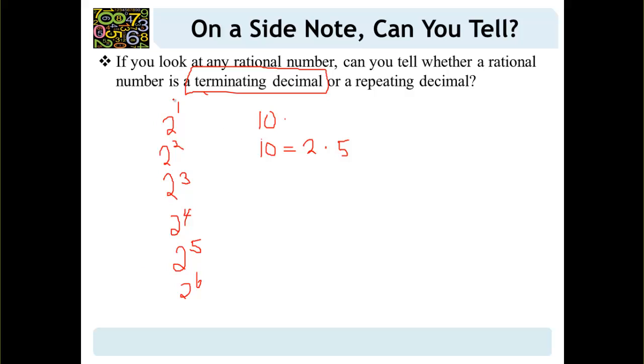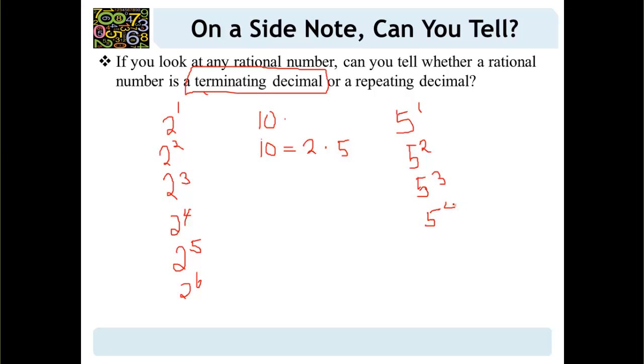Any number that you divide by 2's, powers of 2's, or any number that you divide by 5's, I mean powers of 5's also: 5 raised to power 1, which is 5, or 5 squared, which is 25, or 5 cubed, which is 125, or 5 raised to power 4, which is 625.